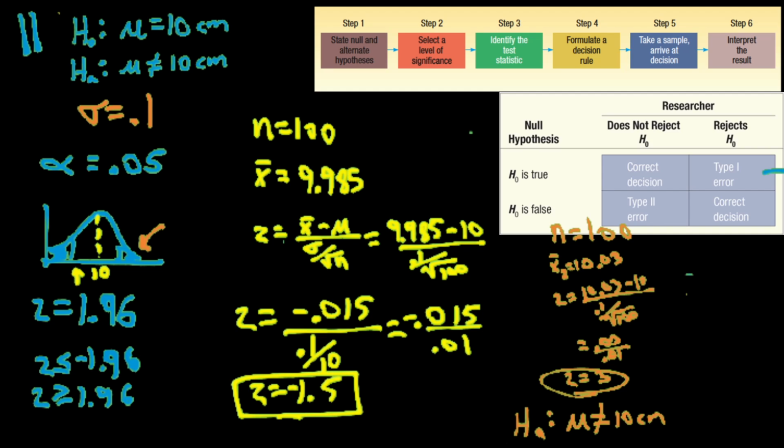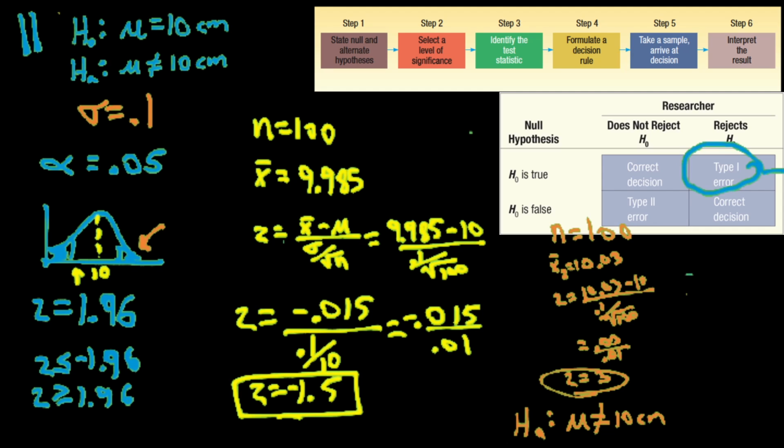When we do that, we find a sample mean that is far enough away that we go ahead and reject the null, when in fact the null is true. So again, assuming this null is true, we would find something far enough away to reject it, even though the null is in fact true. And that's what we refer to as a type 1 error.